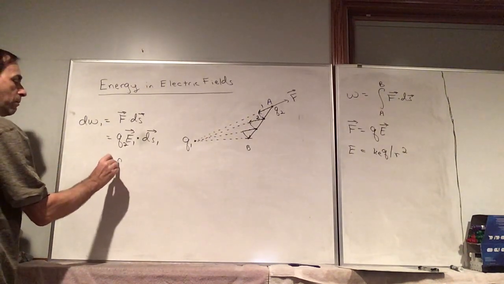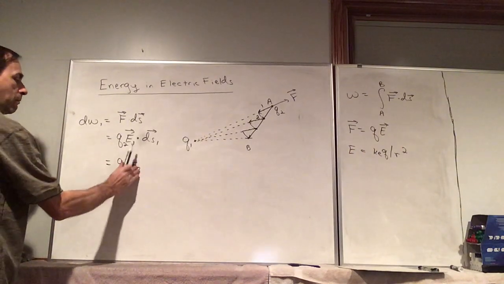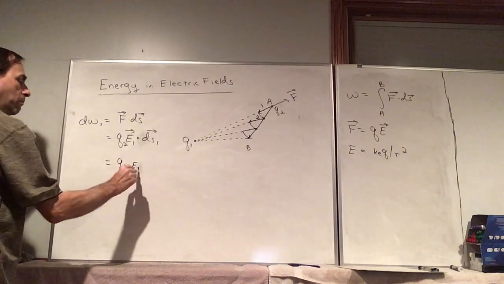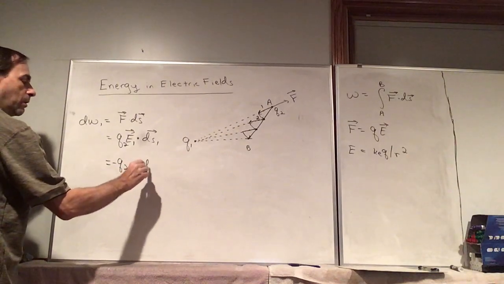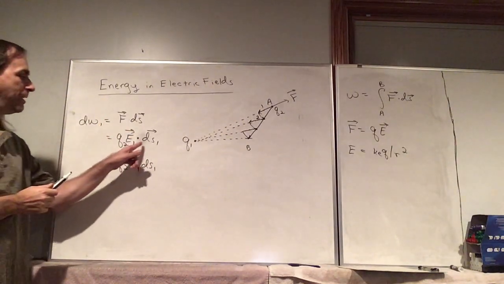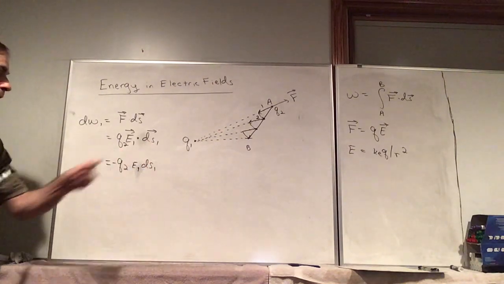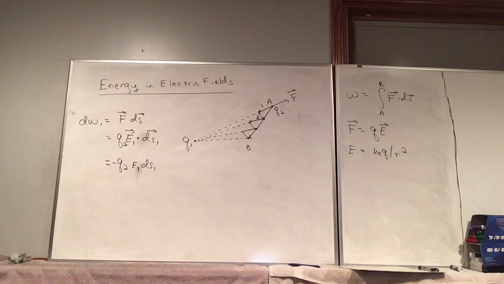We have minus Q2. So the E1 dot ds1 is minus E1 ds1. And then we're just going to integrate this, or let's kind of stop here.